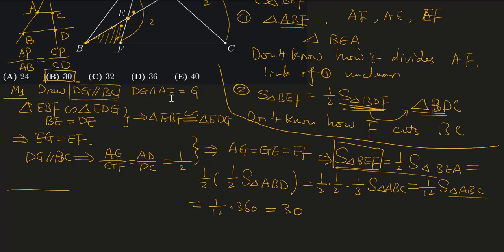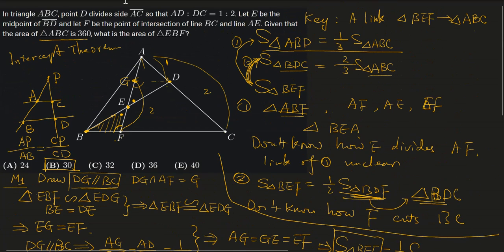How about method 2? We'll look at the diagram again and clean up the picture. Good. We want to build the connection of this pair, right? That's our target, which means we want to know where this point F is on the segment BC.